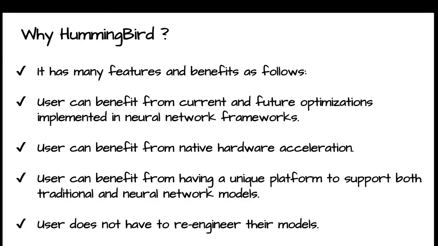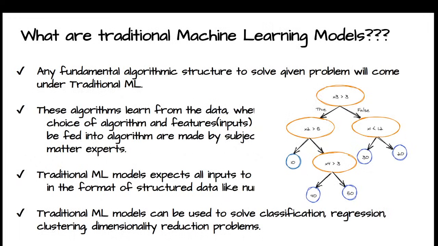Then the fourth point is that we do not have to re-engineer our model. When we are converting our traditional machine learning model to the PyTorch framework, we don't actually have to do anything. It is three lines of code that will convert everything. You don't need to worry about that. It's a simple thing. You just have to import a function that will do the work.